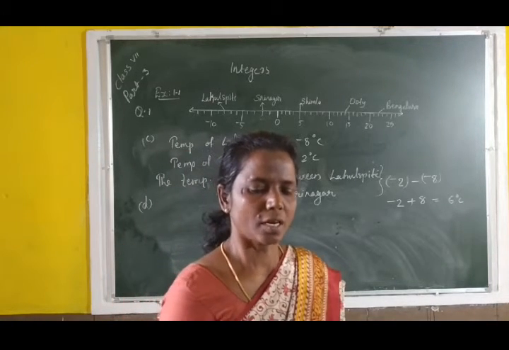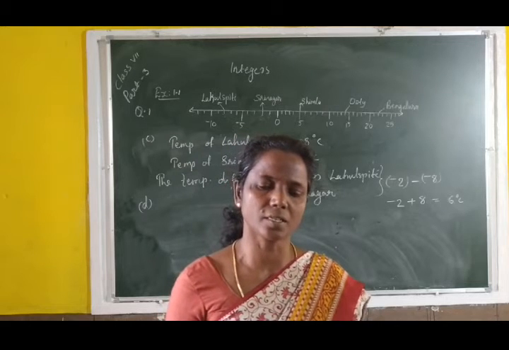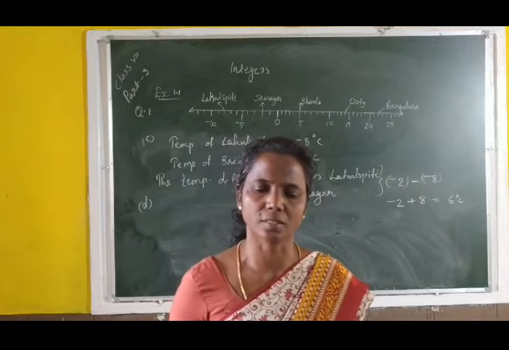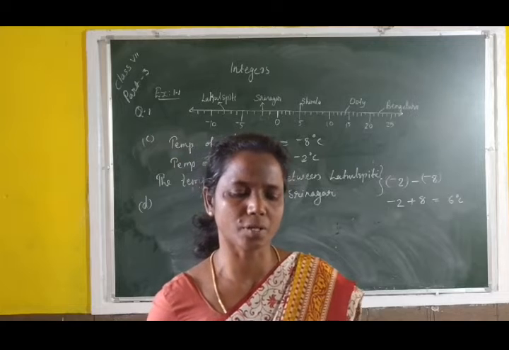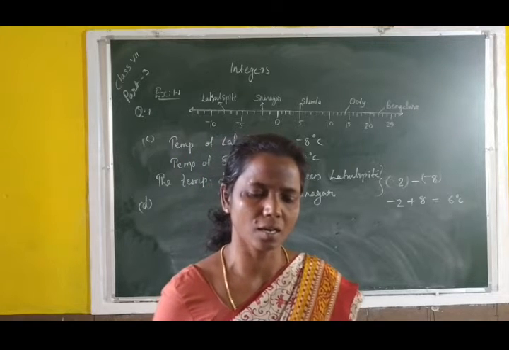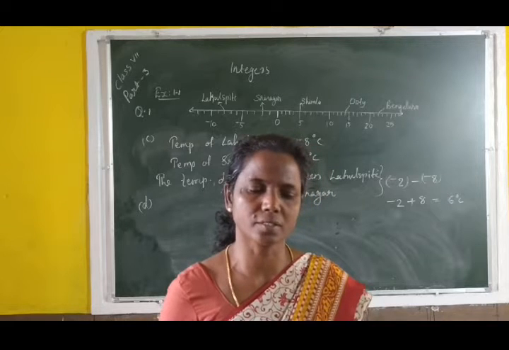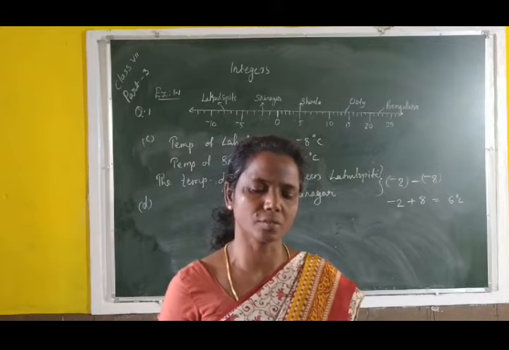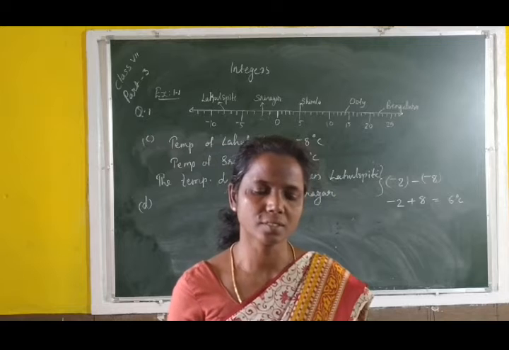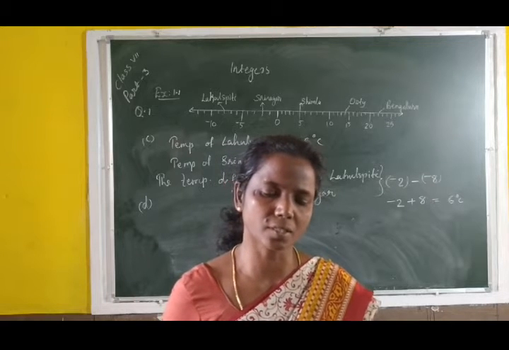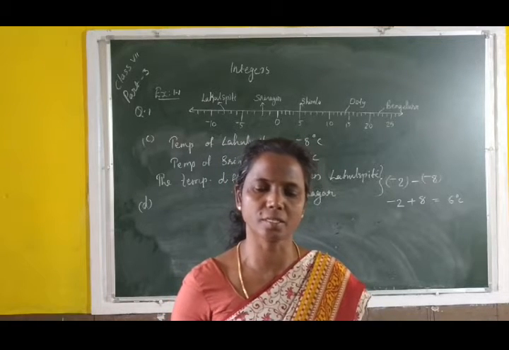Question: look, can we say the temperature of Srinagar and Shimla taken together is less than the temperature at Shimla? Is it also less than the temperature at Srinagar? Taken together means we find out its sum. Temperature of Srinagar and Shimla taken together.